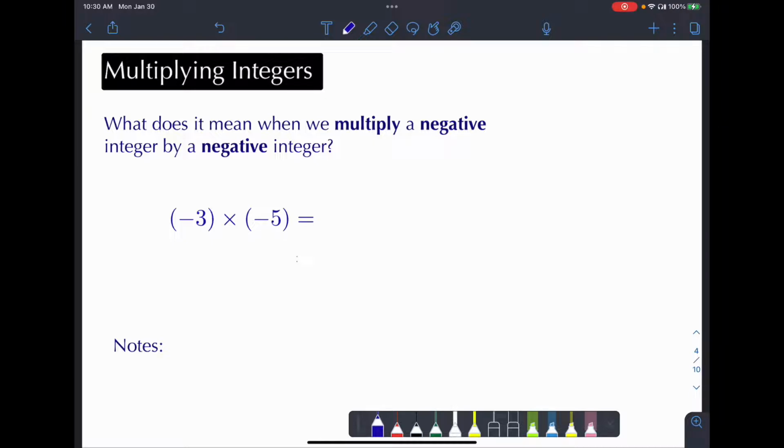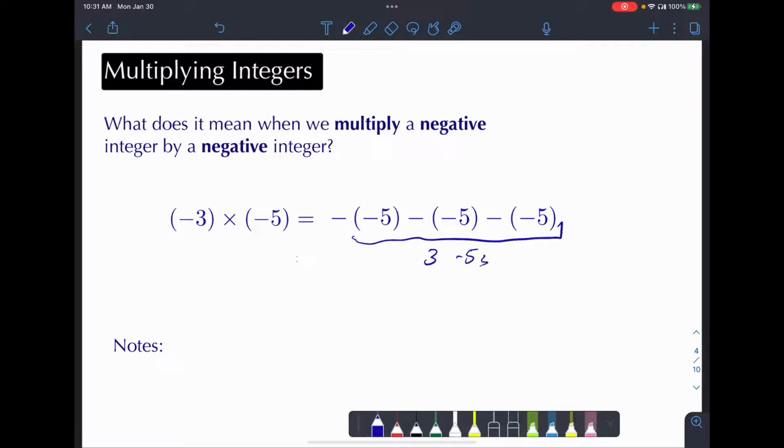It means we're going to subtract negative 5, 3 times, because we have a 3 here. So we have 3 negative 5s. And because of this negative, we are subtracting.